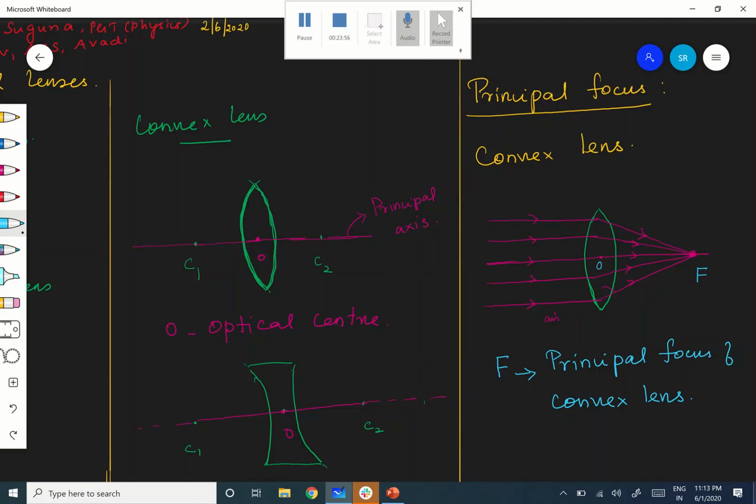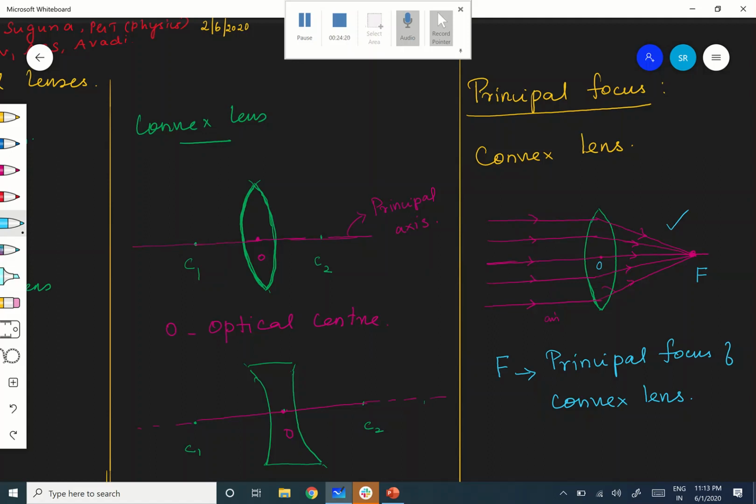Like that, the convex lens is also converging after refraction. Like that in the previous case, the concave mirror, after reflection, the rays will converge. So the concave mirror is called a converging mirror.